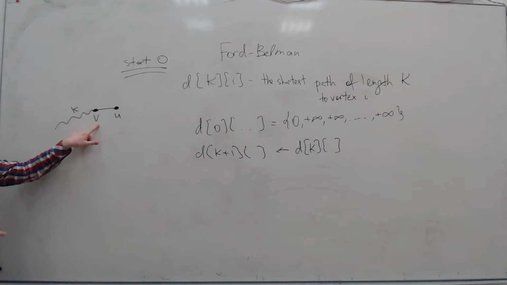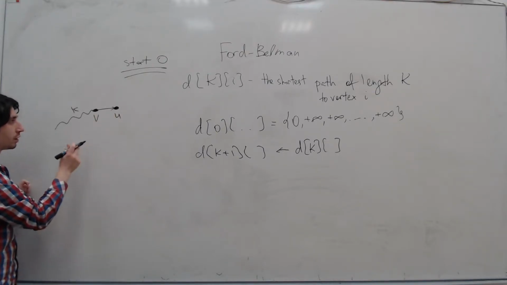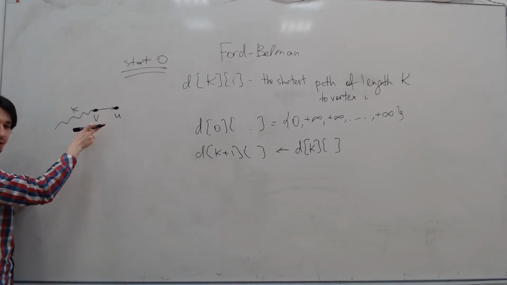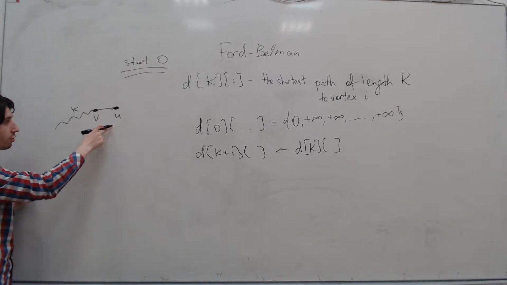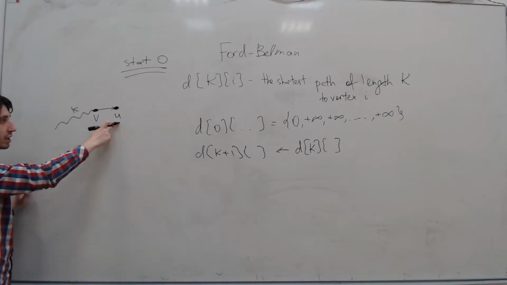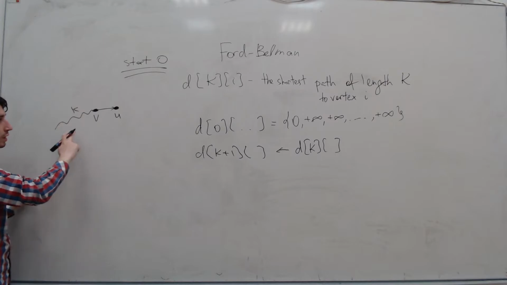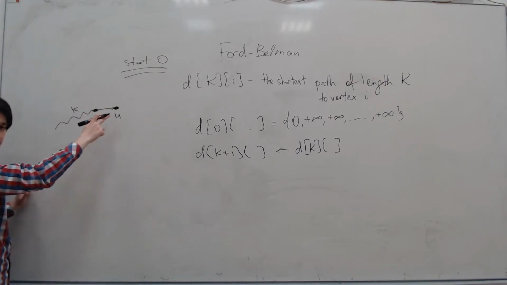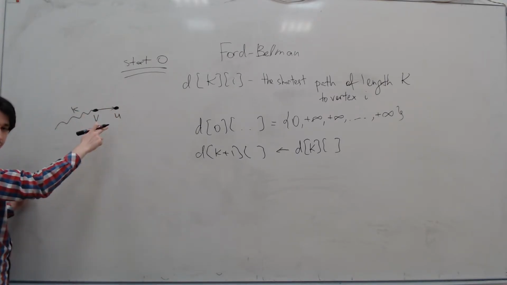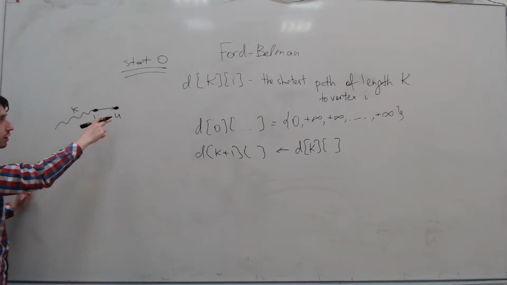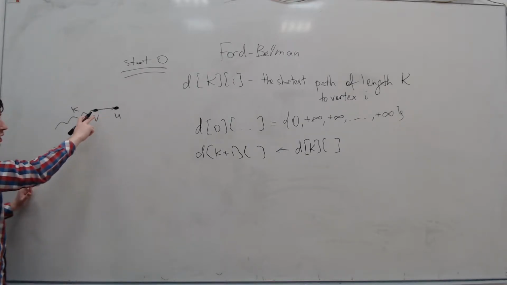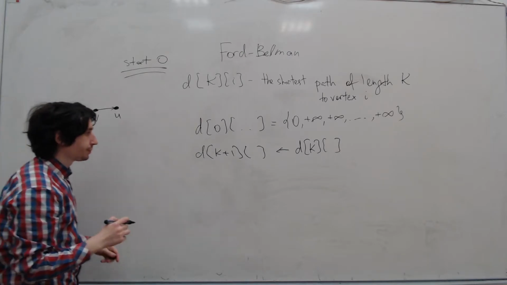So you go over each edge that goes out of v and update the distance for u. So you know that the distance of length k plus 1 to u will be the distance to v plus the length of this edge. And you have to calculate the minimum of such paths.